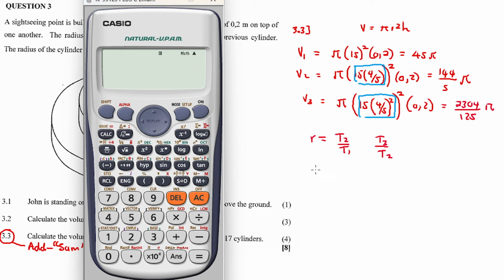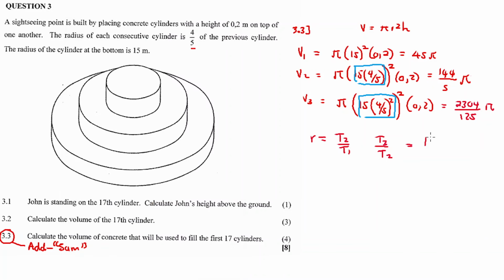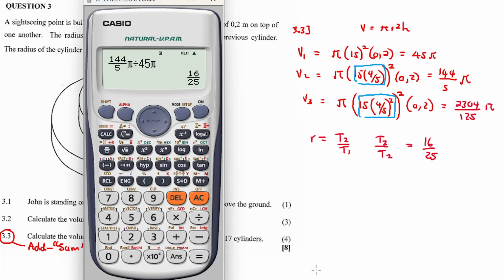Okay, so volume number 2, 144 divided by 5 pi, divided by 45 pi. The pi cancel, and I'm getting 16 over 25. So 16 over 25, this is my constant ratio. But don't make assumptions.